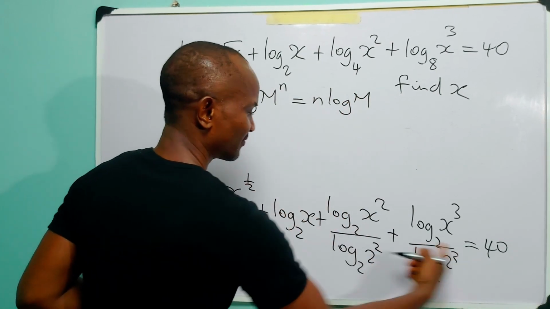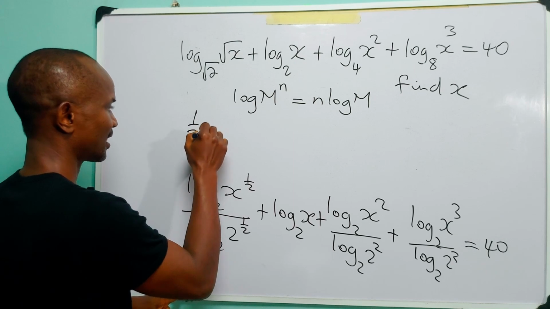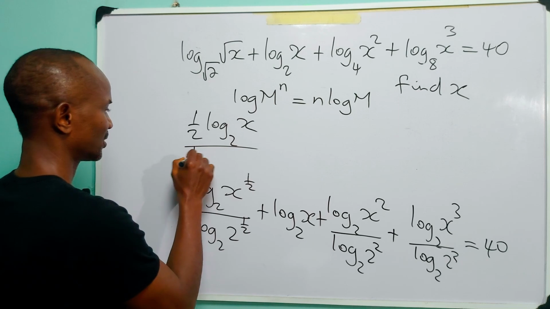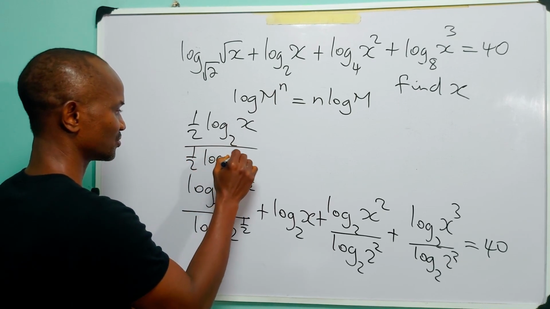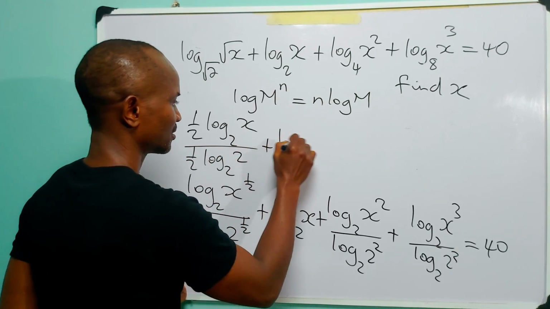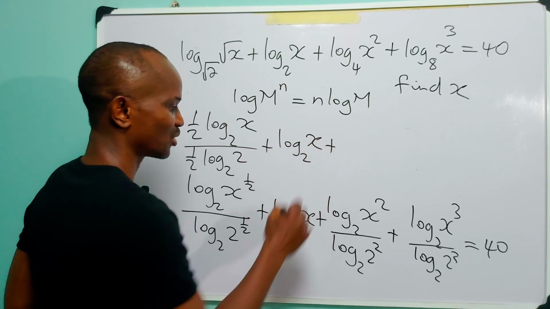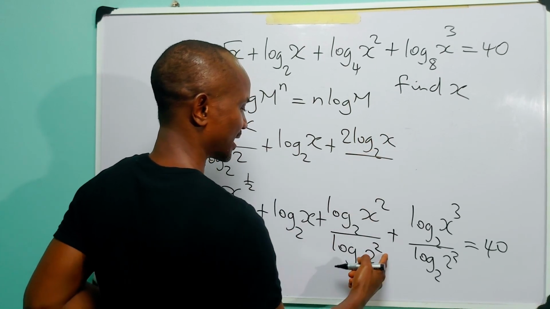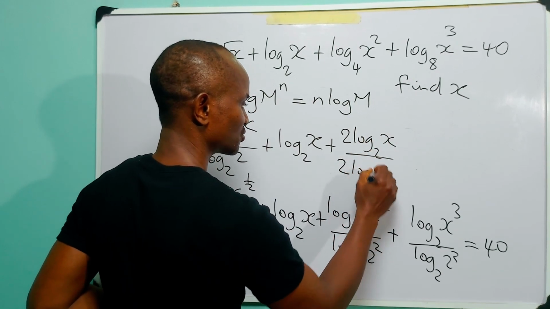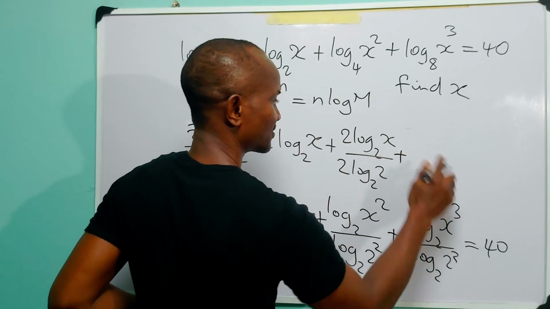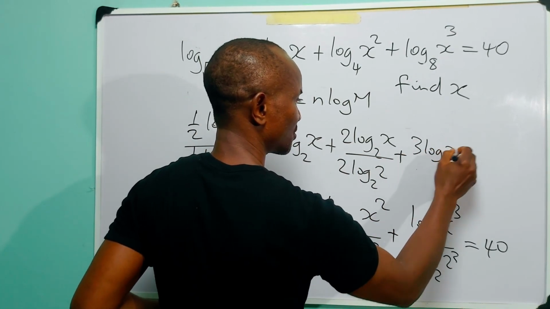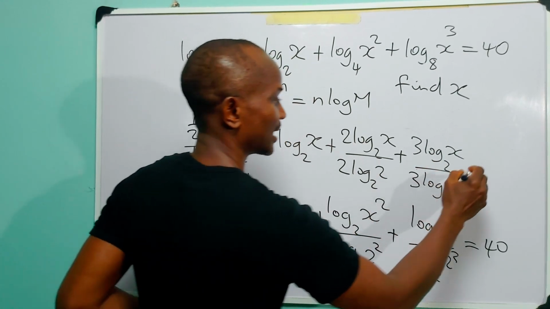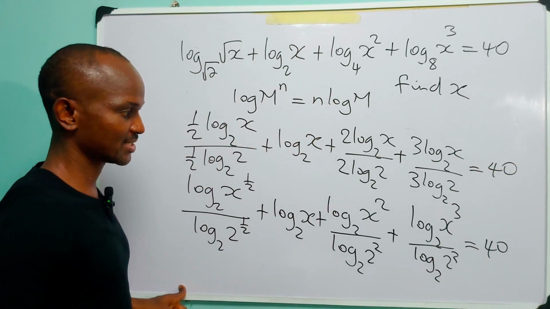So with this in mind, this line can be written as half log base 2 of x divided by half log base 2 of 2, plus log base 2 of x, plus 2 times log base 2 of x divided by 2 times log base 2 of 2, plus 3 times log base 2 of x divided by 3 times log base 2 of 2, and everything is equal to 40.